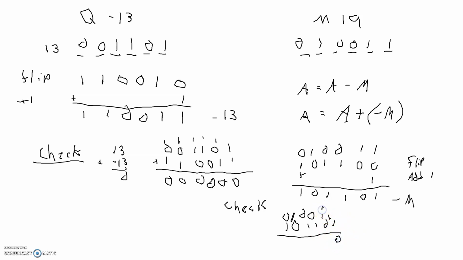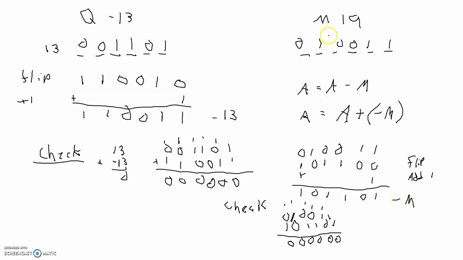Carry the 1. 1 plus 1 plus 0 is 0. Carry the 1. 1 plus 0 and 1 is 0. Carry the 1. 1 plus 0 and 1 is 0. Carry the 1. That is a 1. 1 plus 1 plus 0 is 0. Carry the 1. 1 plus 0 and 1 is 0. And so I just double checked that this negative M truly is the negative M.